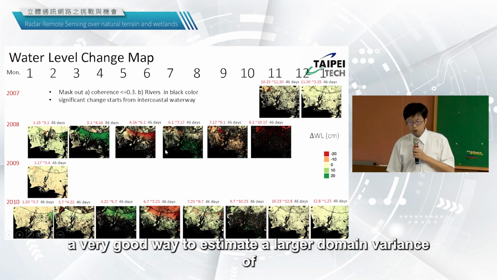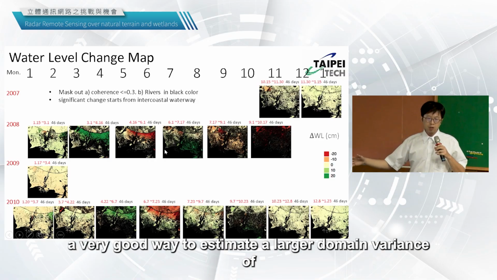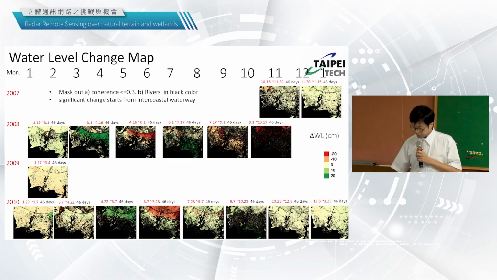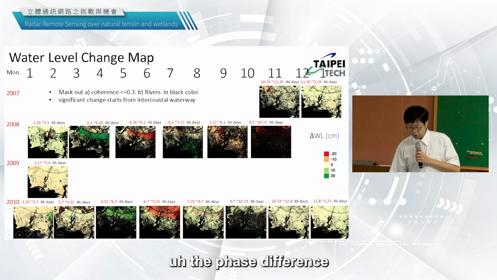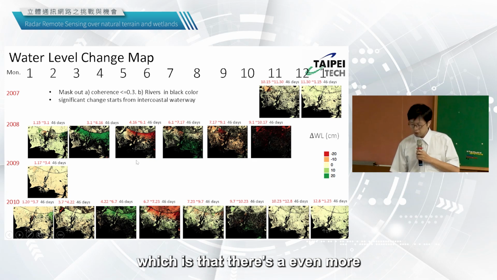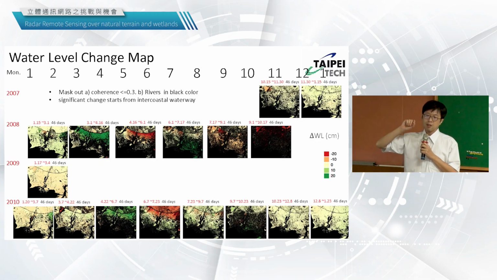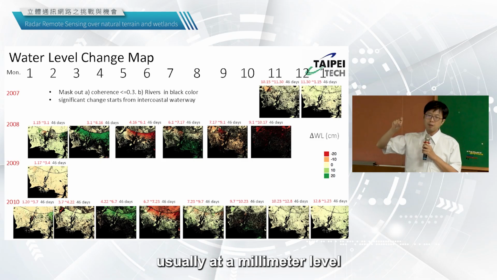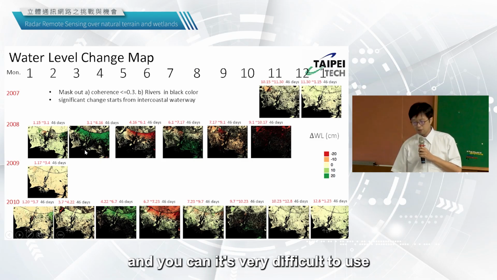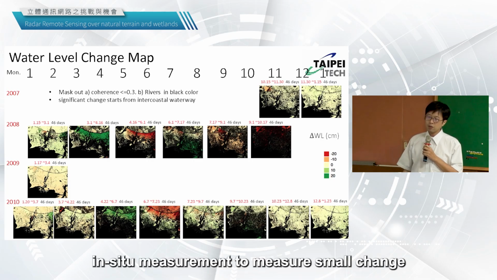This is a very good way to estimate a large domain of the phase difference. There is an even better example about subsidence. Subsidence is usually at the millimeter level, and it's very difficult to measure such small change with in situ measurements.